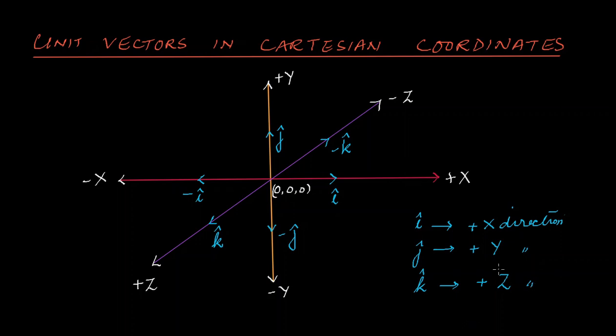Understand? Now in terms of the I cap, j cap and k cap, we can write vectors. Let's say we have a vector r bar. We can write this as x I cap plus y j cap plus z k cap.